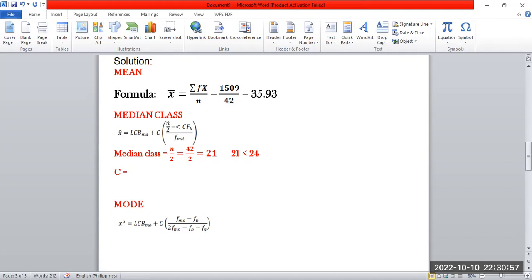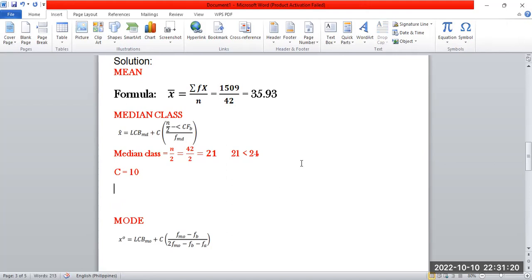Bilangin nyo na lang kung ilan yung bawat class: 10, 11, 12, 13, 14, 15, 16, 17, 18, 19. So C is equal to 10. Yan lang yung bilang for the class interval size.